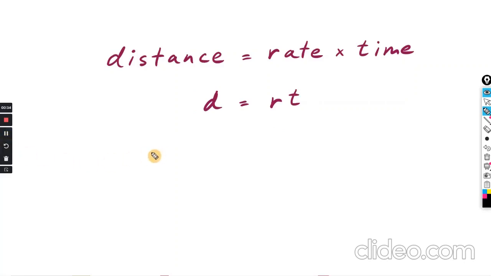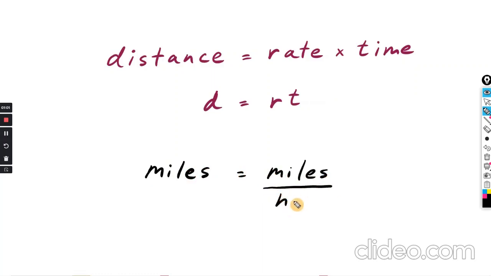And what you'll notice about these types of problems is that the units will cancel or drop out on the right hand side of the equation. So for instance, let's say we had a distance in miles, and the rate was in miles per hour. So you would write that as miles divided by hours.